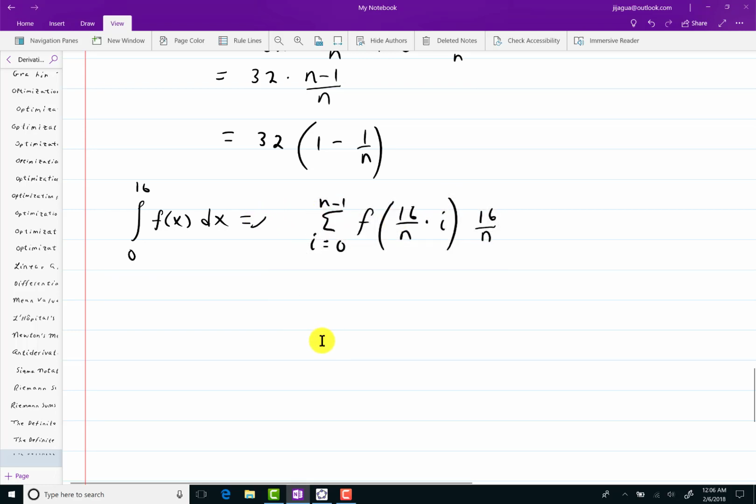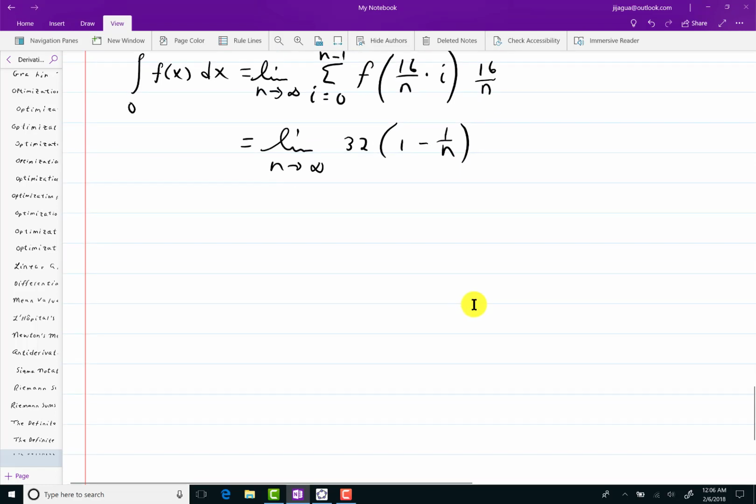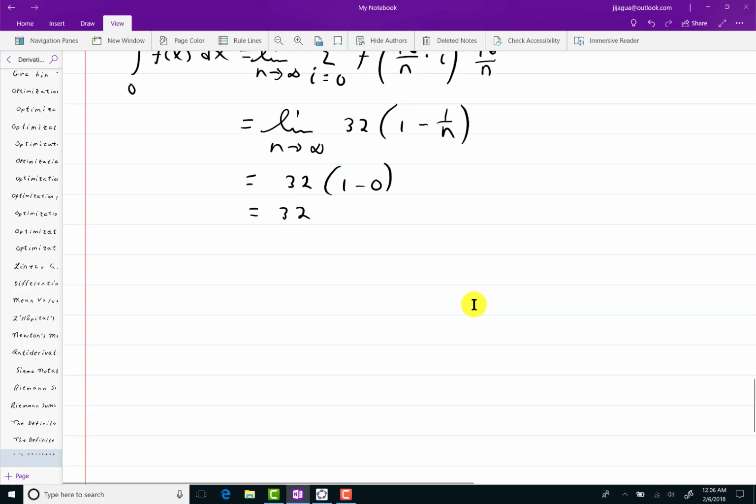So the limit as n goes to infinity equals the limit as n goes to infinity of this thing, 32 times 1 minus 1 over n. And then when I go ahead and multiply it through, I get 32 times 1 minus 0, which equals 32.